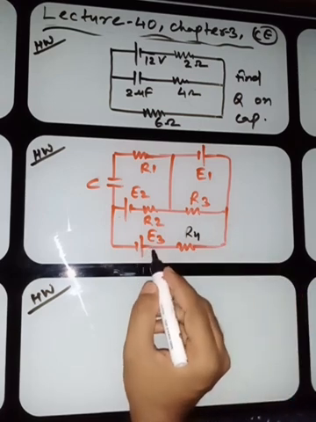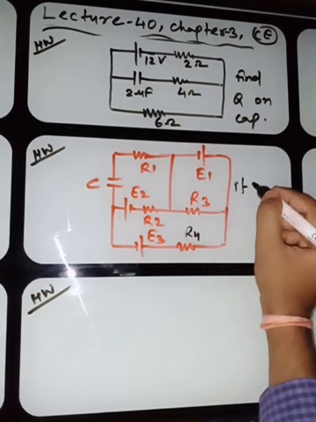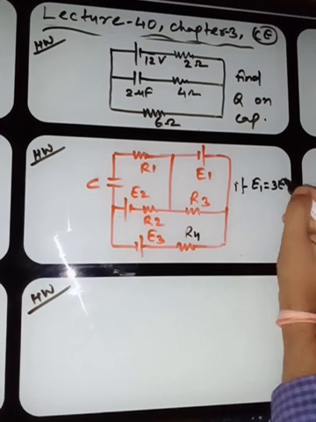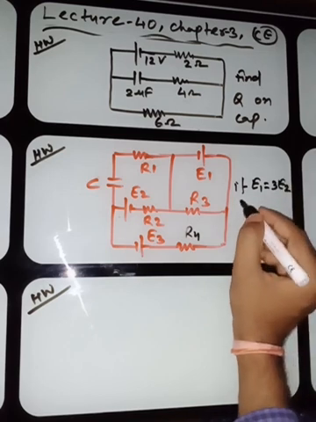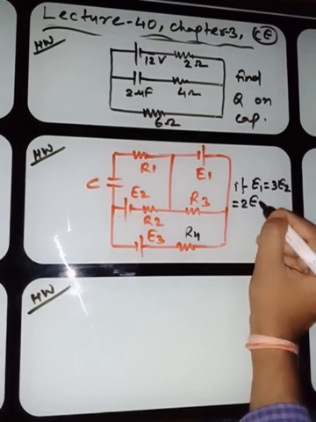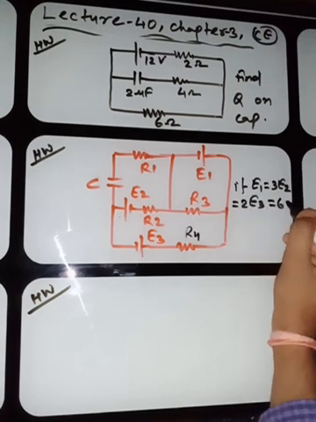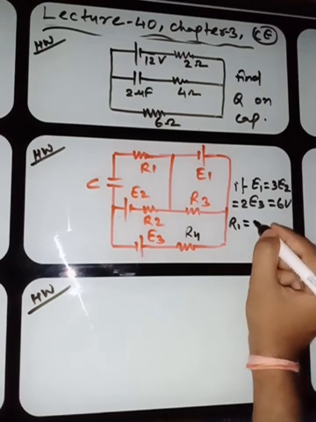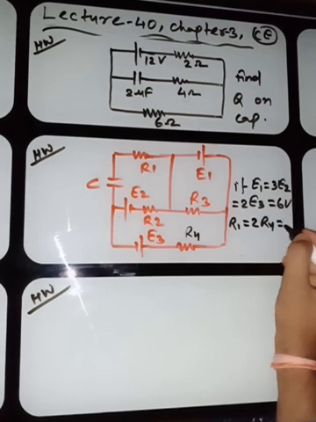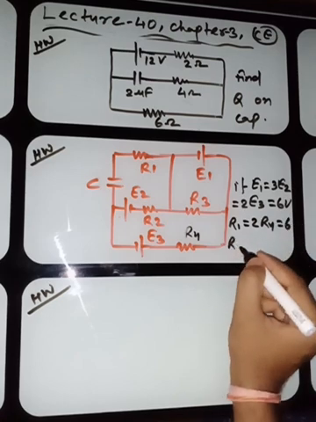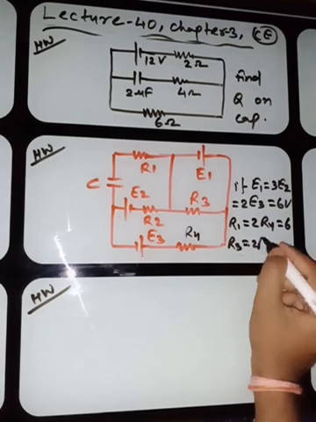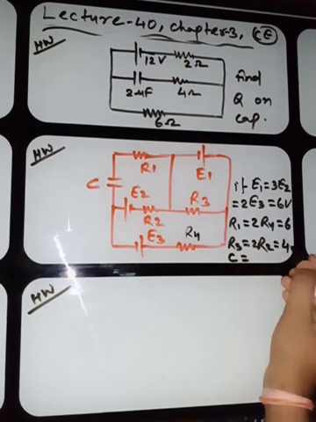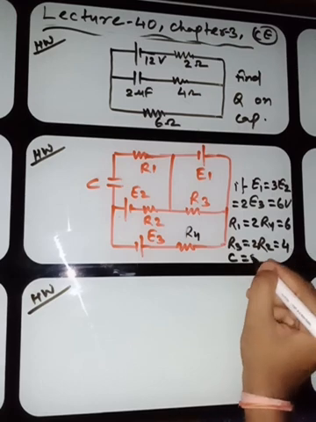Now E1 equals 3E2 equals 2E3, the relation I'm giving you, you can find the voltage, equals 6 volt, and R1 equals 2R4, which equals 6 ohm, and R3 equals 2R2, which equals 4 ohm, and the capacitor here is 5 microfarad.